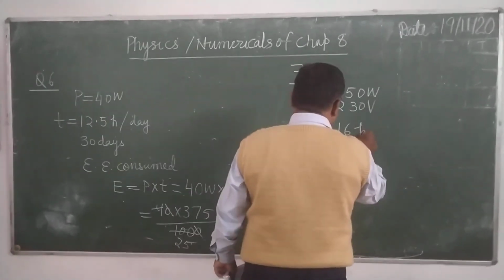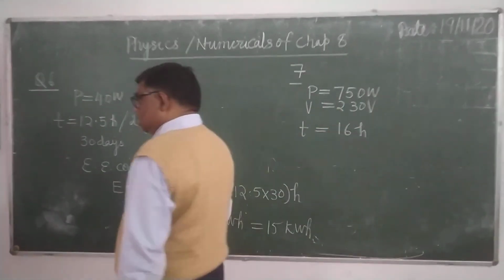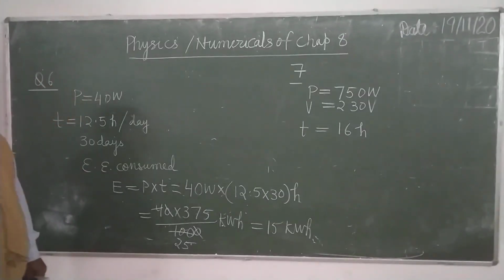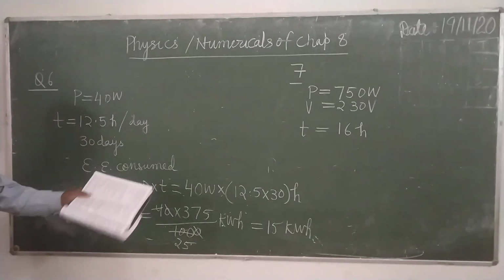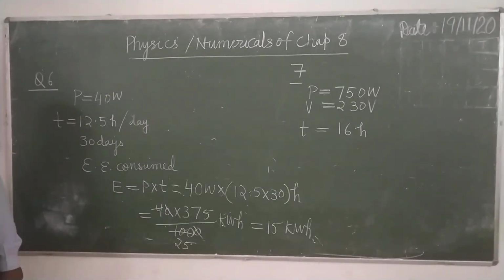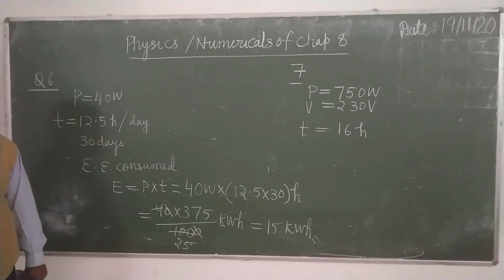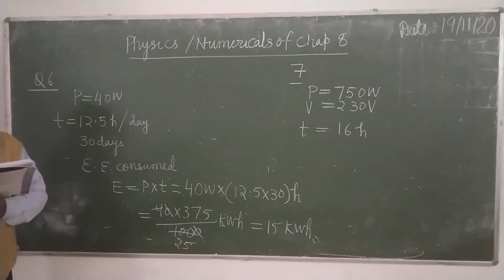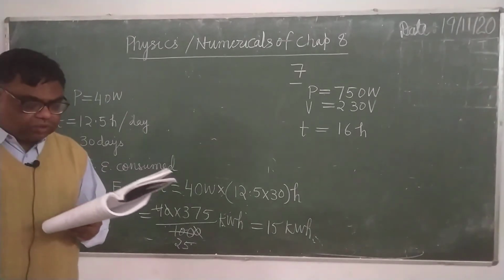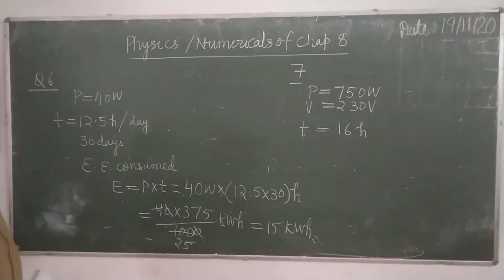How will you calculate? P into T, just now I have told. So that you can do. That will come out in watt hour, divided by 1000 gives kilowatt hour. It is clear?